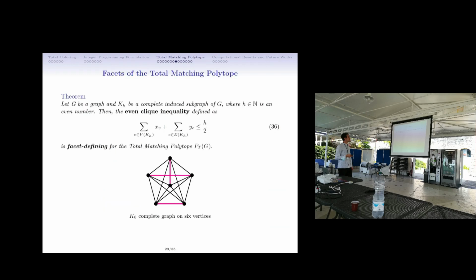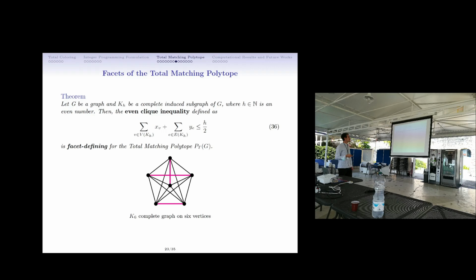And so now we have to study the facial structure of the total matching polytope. A complete graph is a graph in which for every pair of vertices we have an edge. So here we have a complete graph on 6 vertices that we will call K6.